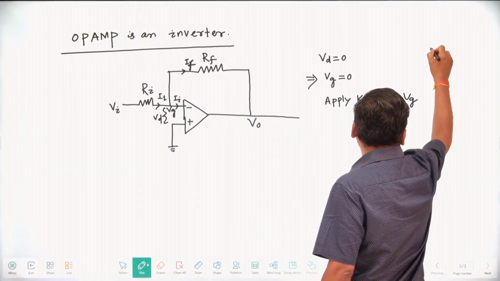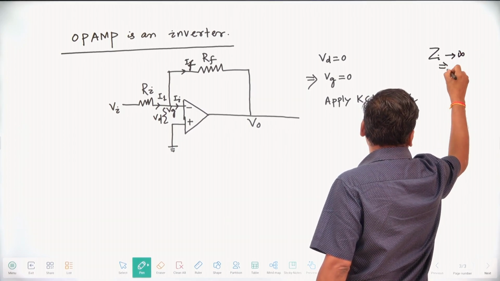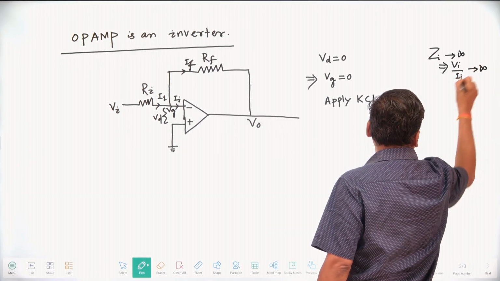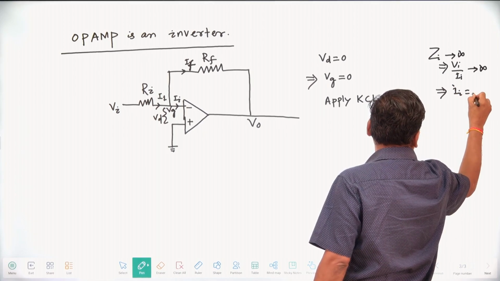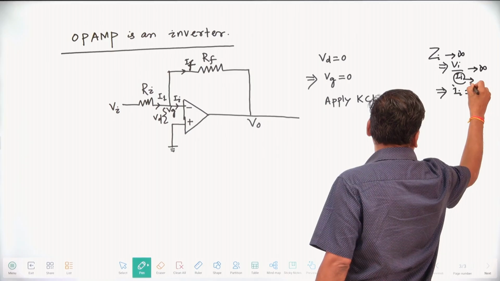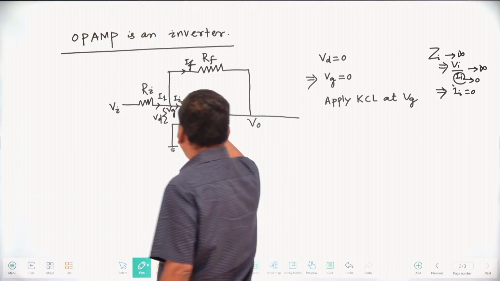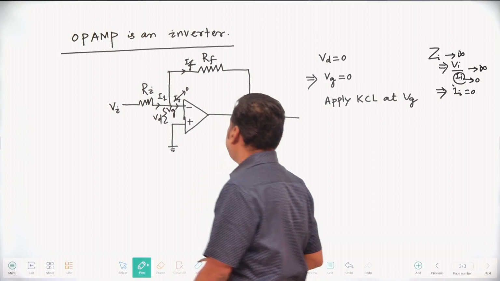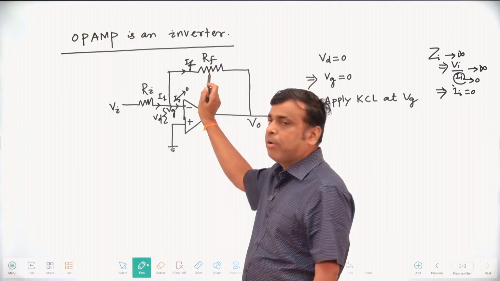If input impedance Zi is infinite, Vi by Ii is infinite, which implies Ii equals 0. So Ii tends to 0 and this current is 0. If you apply KCL at this point, incoming current equals outgoing current: I1 equals IF.